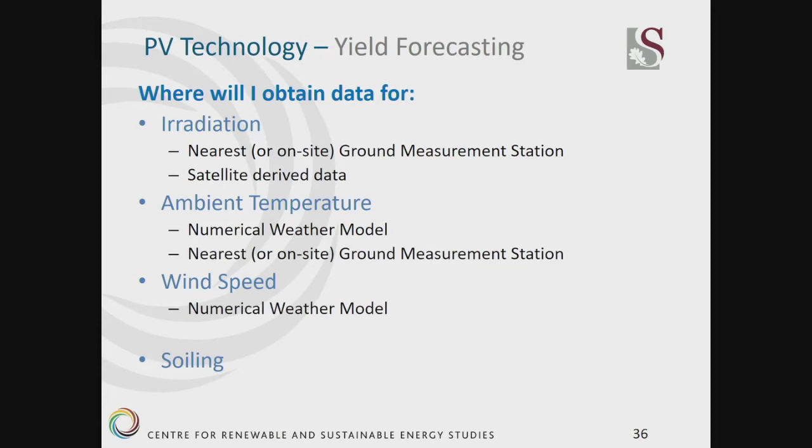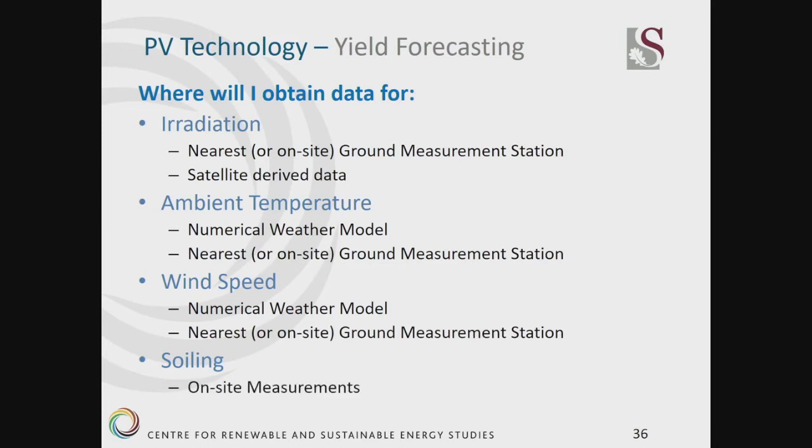Wind speed also affects the temperature, and this we can get the same way as we get the temperature. And then soiling we can get by doing on-site measurements, and there are various models that take care of soiling. Depending on the amount of precipitation, soiling will vary on the conditions. If it's very dusty, there will be more soiling.